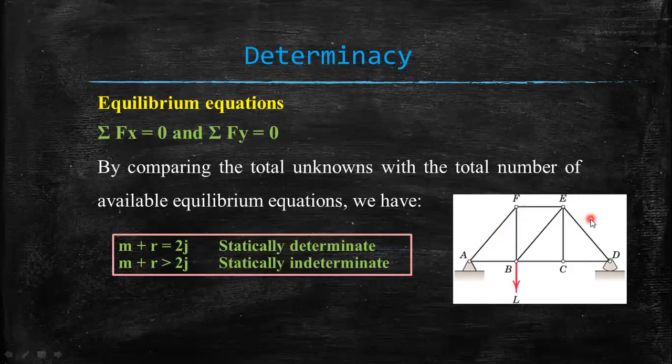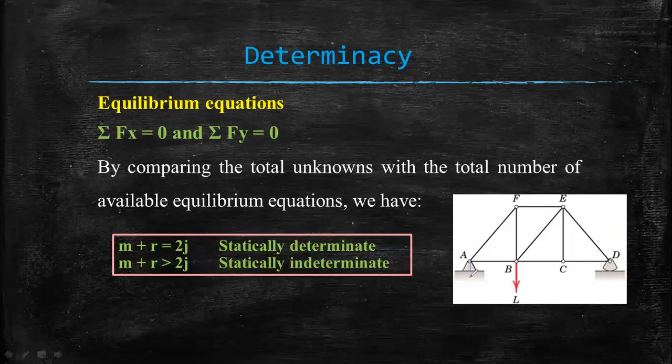First of all, we have to determine what the unknowns are which we need to know. What are the unknowns? I mean the unknown reactions. I am not talking about the unknown member forces first of all. So how many unknown reactions are there? You have already learned how to determine the unknown reactions.